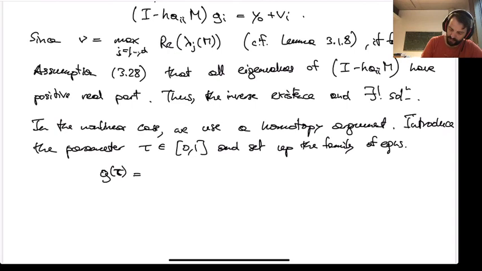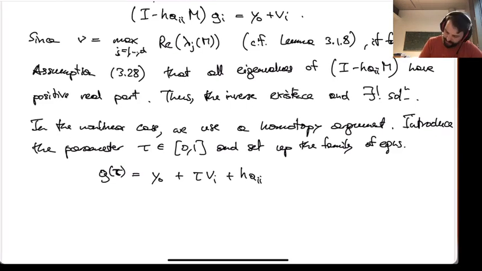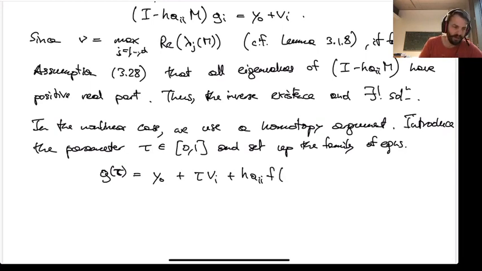In fact, we could have used the step size h as a homotopy parameter as well, but I'm just going to introduce it as tau v_i plus h_i f of tau and g of tau plus (tau minus 1) times h.